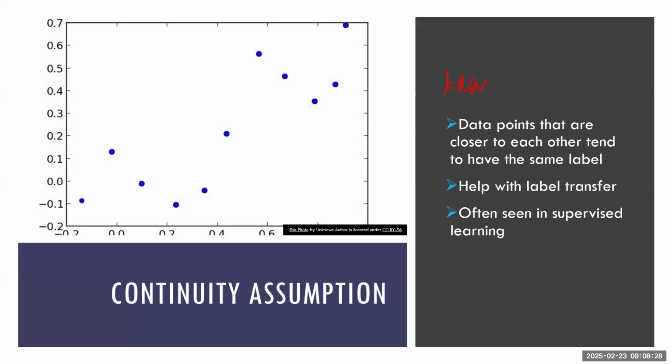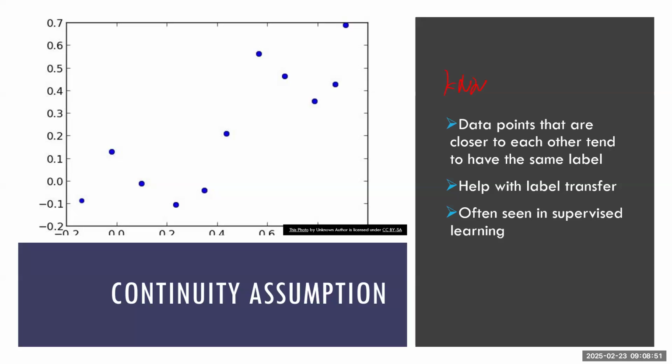And with just this condition, we can just use KNN. For every unlabeled data point you have, you perform KNN on the labeled data points, and whichever is closer, you can assign the label that way.